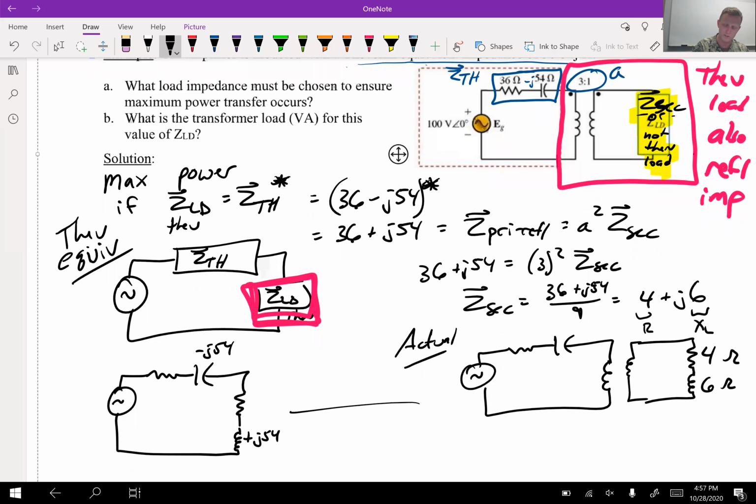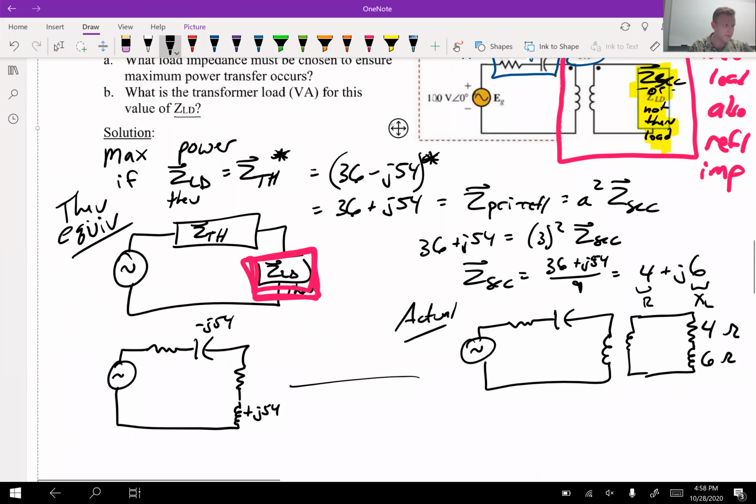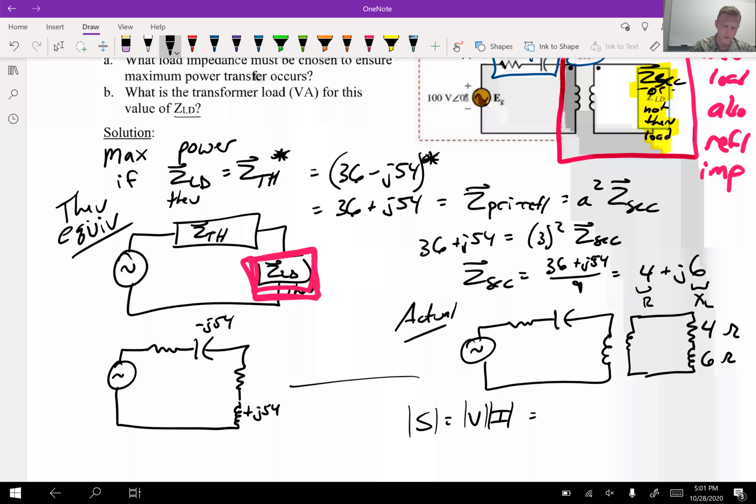And it says, what is the transformer load VA of this for this value of the Z load? So what I can do here is I can look at the S equals VI, and it just wants the apparent power, which is just the magnitudes of V and I. Actually, you know what?